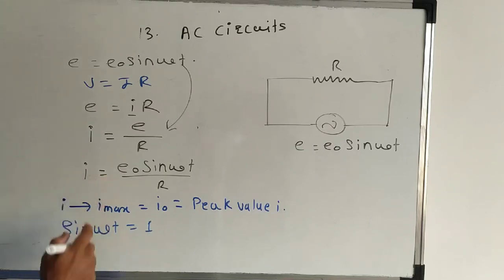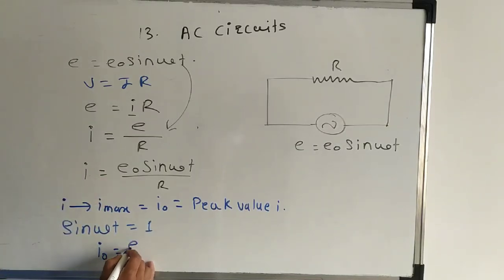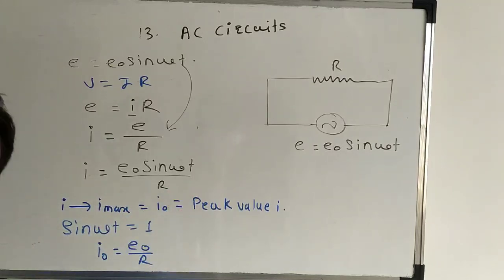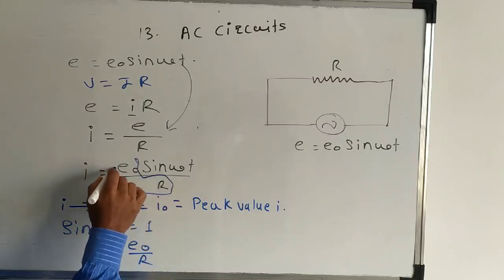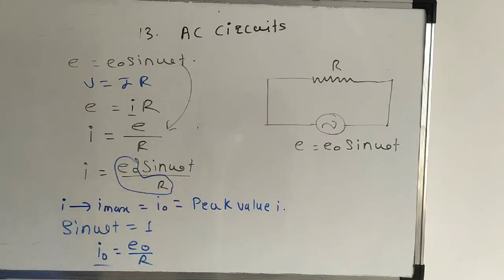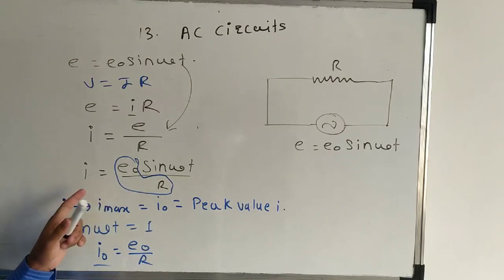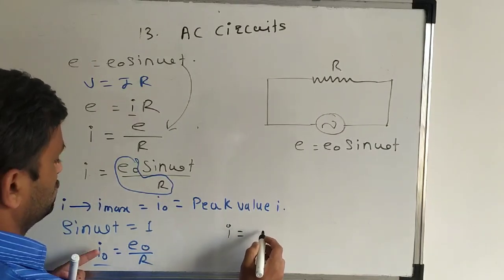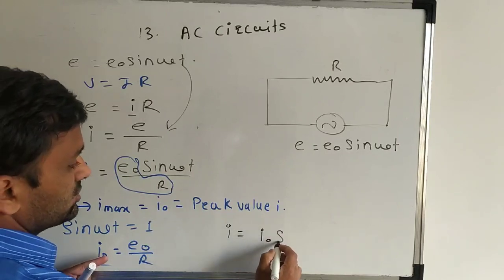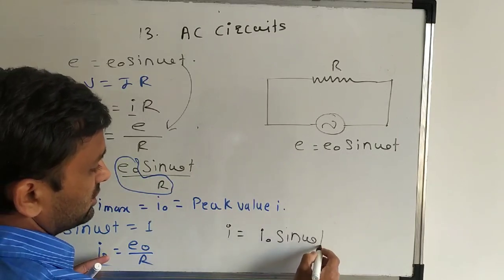Then how can we write the same equation? I naught equals E naught upon R, because sine omega t becomes 1. If we put the value of E naught upon R as I naught, then we can write the same equation as I equals I naught sine omega t.